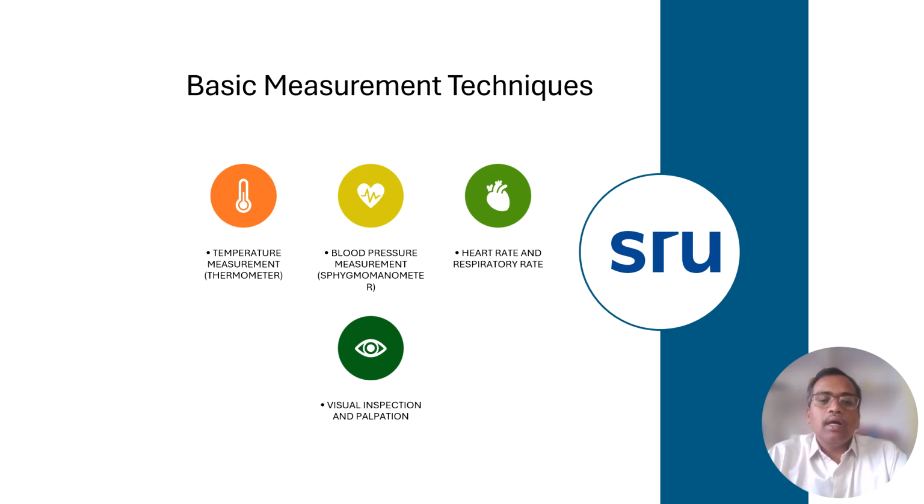Next, third is the heart rate and respiratory monitoring system. Heart rate indicates the number of heartbeats per minute. Respiratory rate indicates breathing cycles per minute.